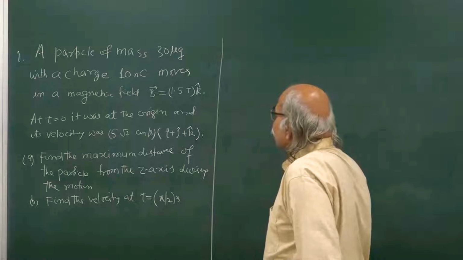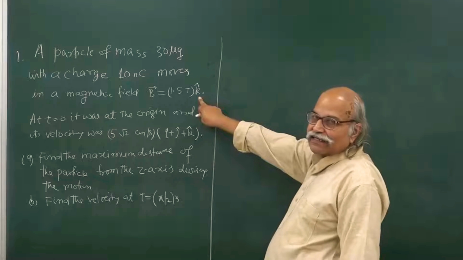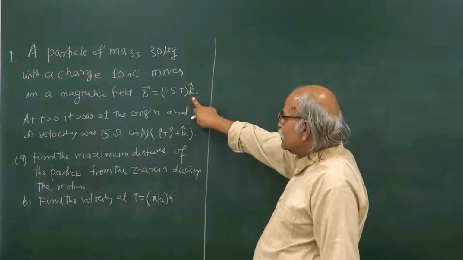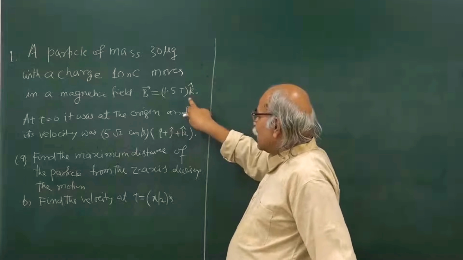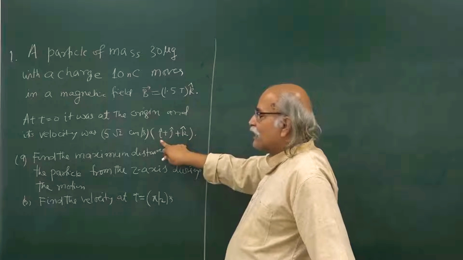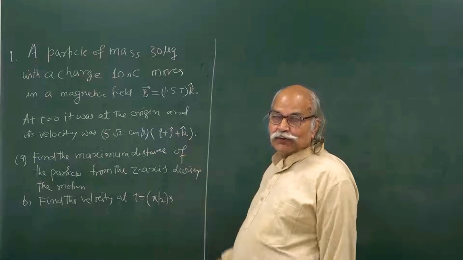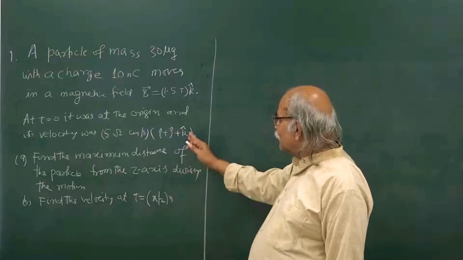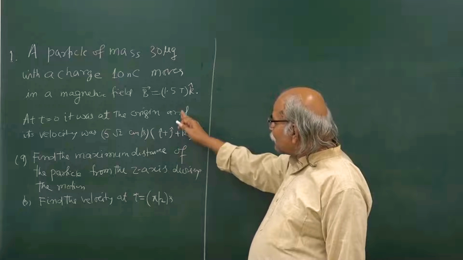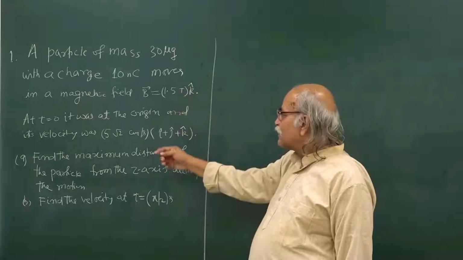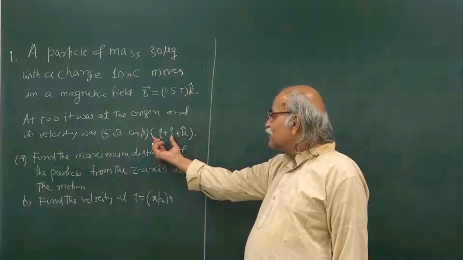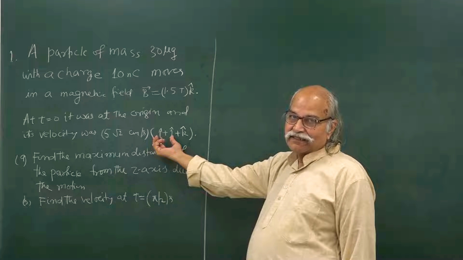The magnetic field is in z direction and initial velocity has all three components i cap, j cap and k cap. So, it has a component parallel to the magnetic field and another part which is perpendicular to the magnetic field.